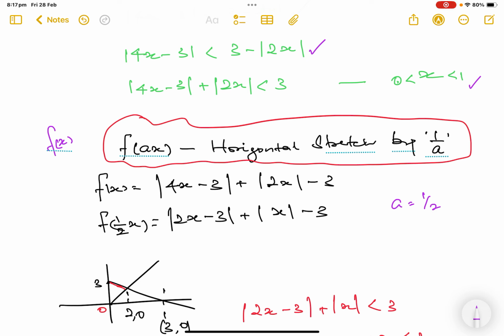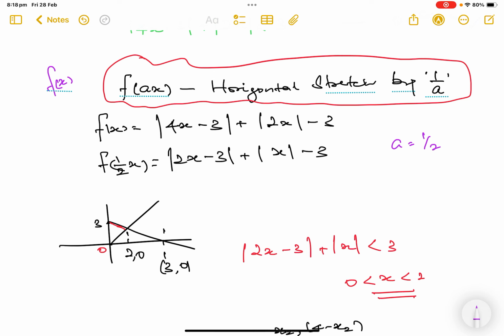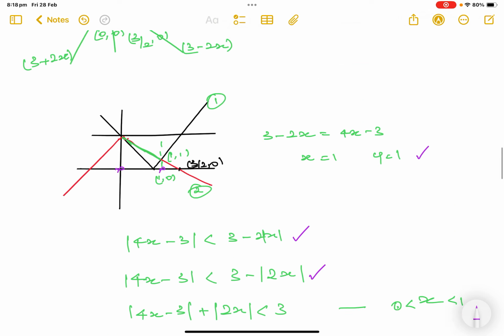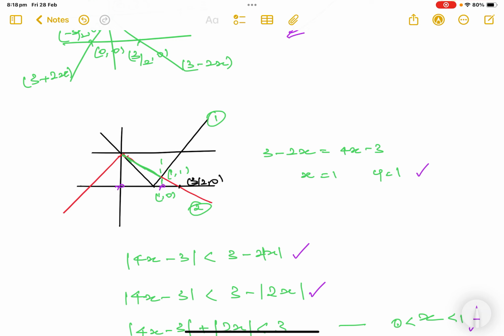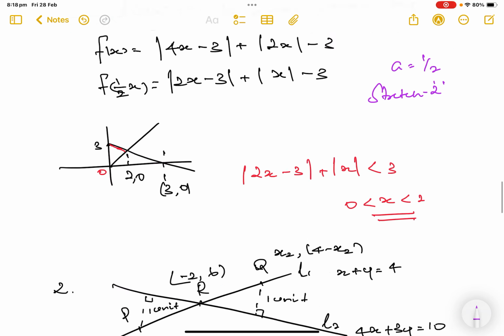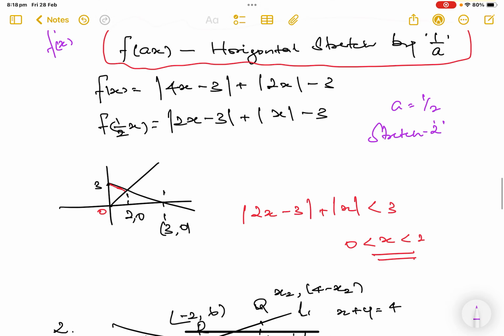So now, what is it? It's a stretch by 2, since a is half. Before, the value here was 3 over 2. Now it's doubled, so it's (3, 0).